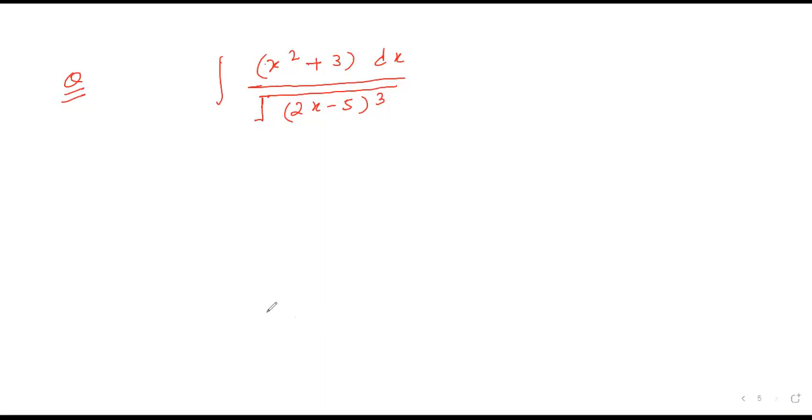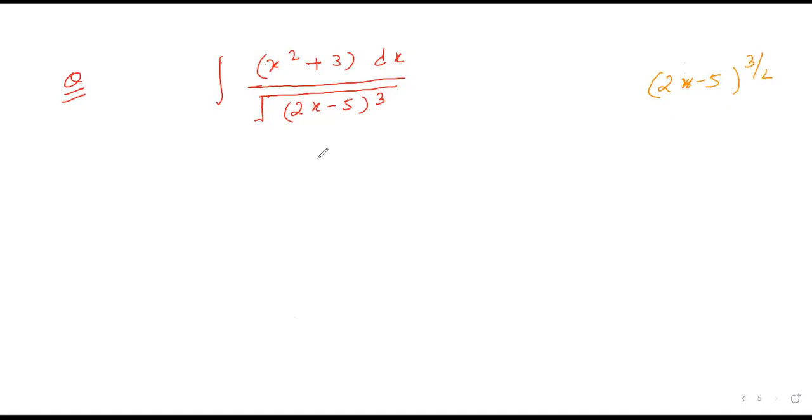Now you have to make the whole integrand free from the radical signs. So you can see here we have (2x minus 5) whole raised to the power 3 divided by 2. So you have to remove the 1 by 2 power.